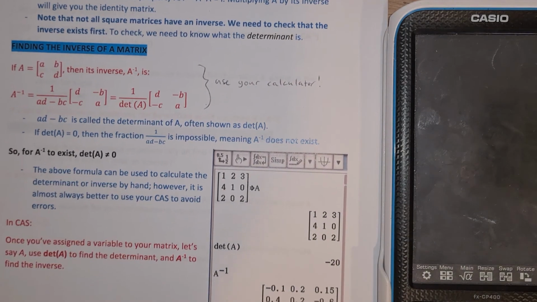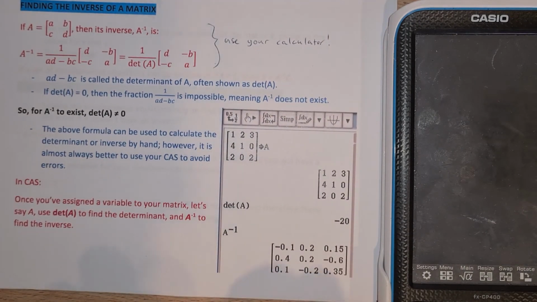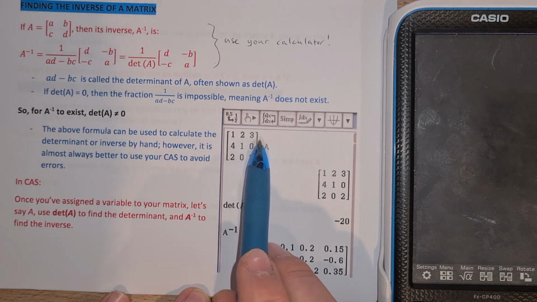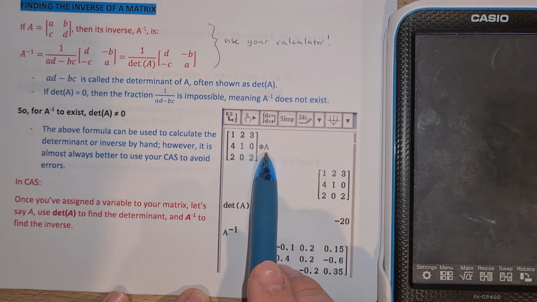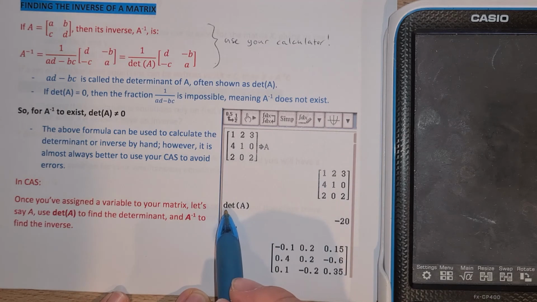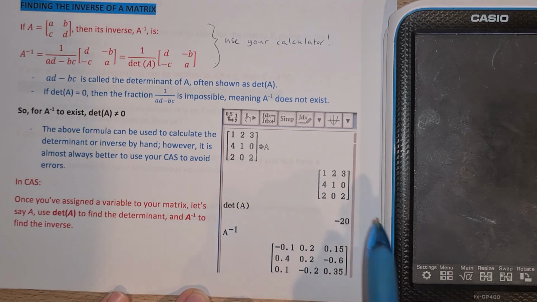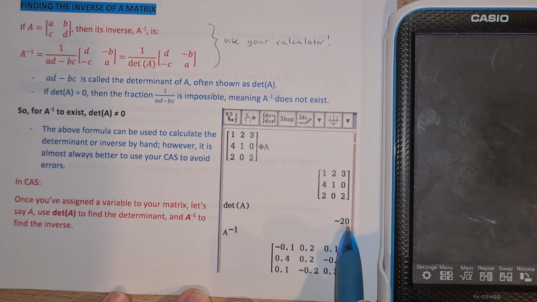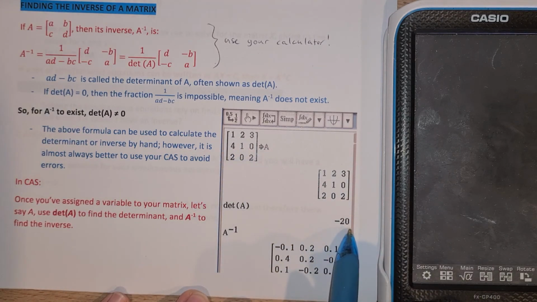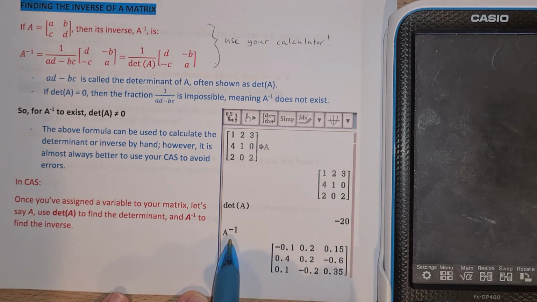So we've got this example here. Let's say we had A as this 3 by 3 matrix, and you typed it into your calculator and assigned it to A. If you want to find the determinant of A, it's just det A, and it gives us that it's negative 20. So straight away you would know that because the determinant of this 3 by 3 matrix is not 0, the inverse will exist.